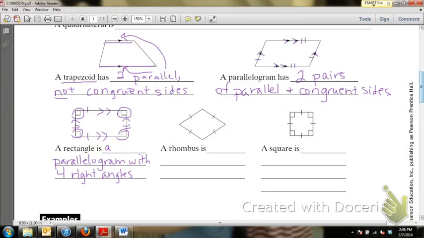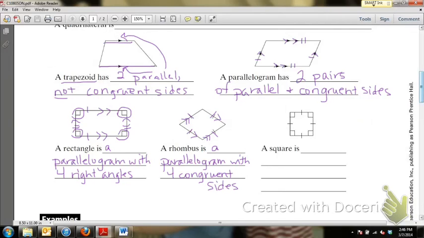A rhombus is a parallelogram with four congruent sides. Okay, so all the sides are the same length, and opposite sides are still parallel, just that everybody's the same length now. And a square brings it all together.